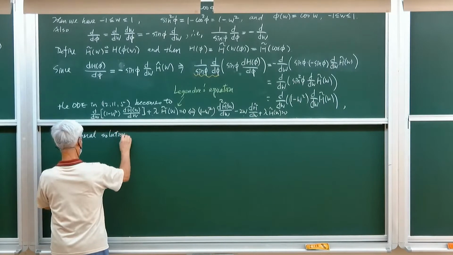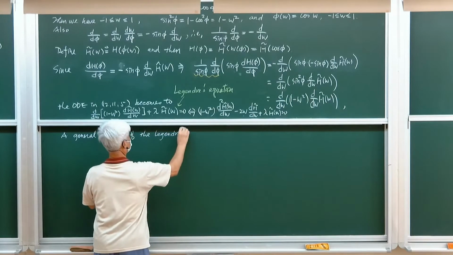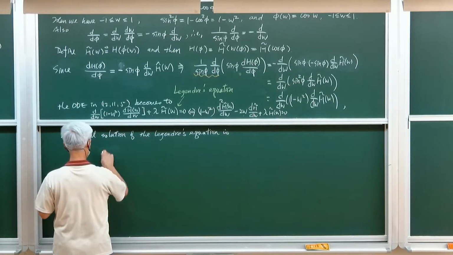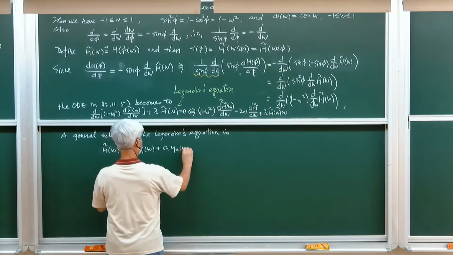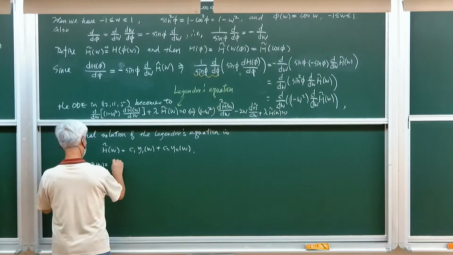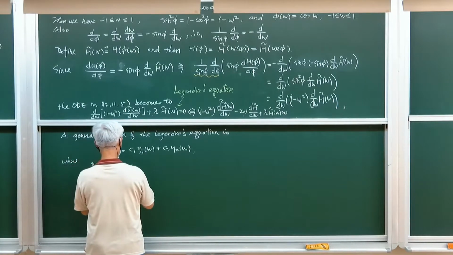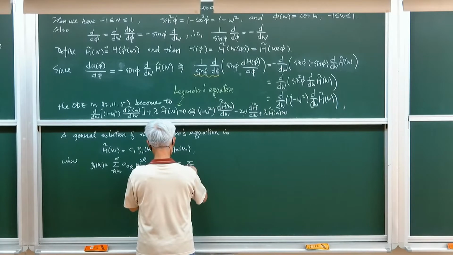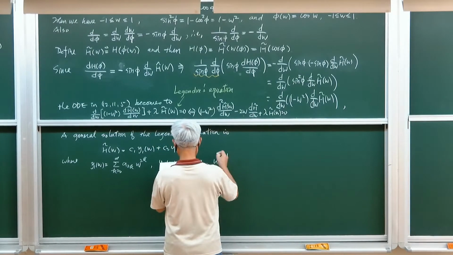It's h tilde of w is c1 y1(w) plus c2 y2(w), where y1(w) can be expressed by the sum of a_k w to the k's power, and y2(w) is another series, the sum of a_(k+1) w to the (k+1).